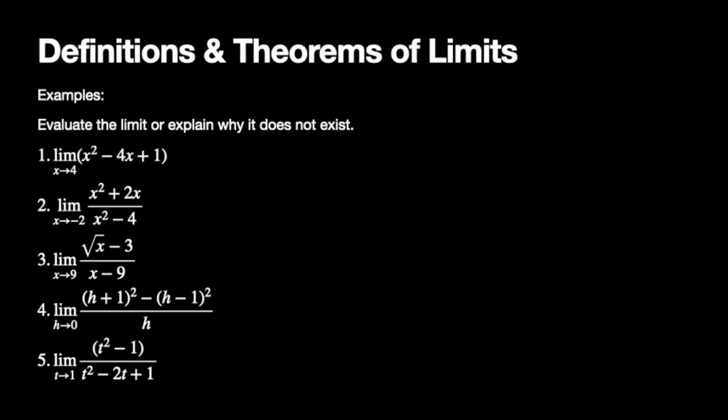The limit as x approaches 9 of the function square root of x minus 3 all over x minus 9. 11. The limit as h approaches 0 of the function (h plus 1) squared minus (h minus 1) squared all over h. 12. The limit as t approaches 1 of the function t squared minus 1 over t squared minus 2t plus 1.